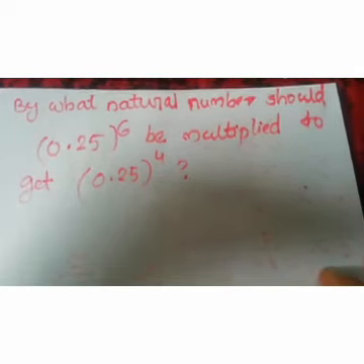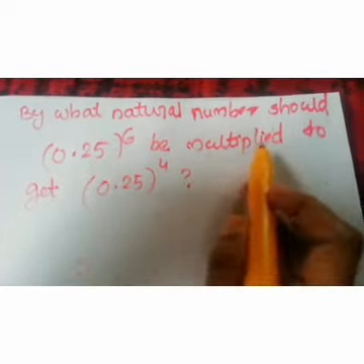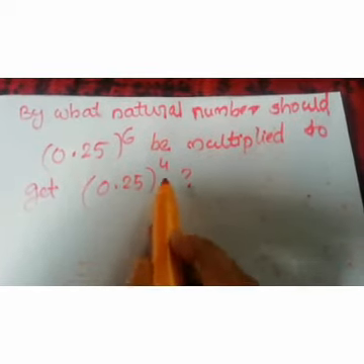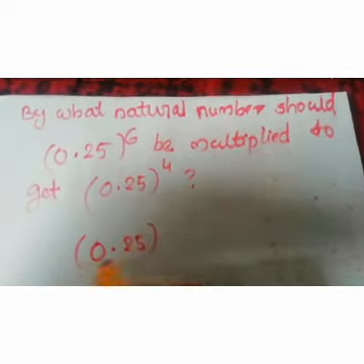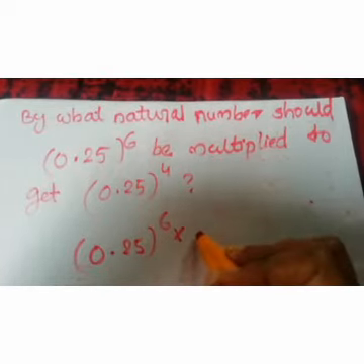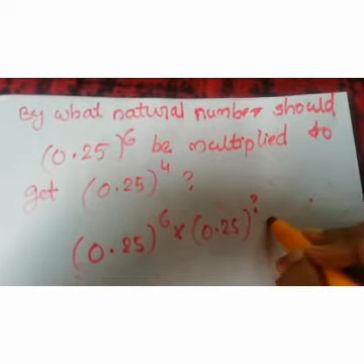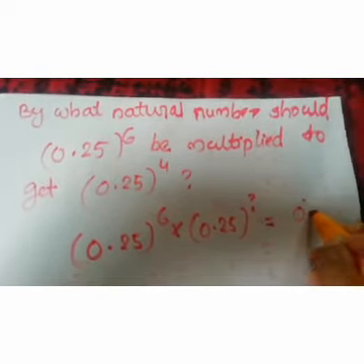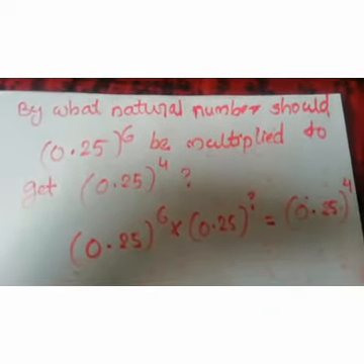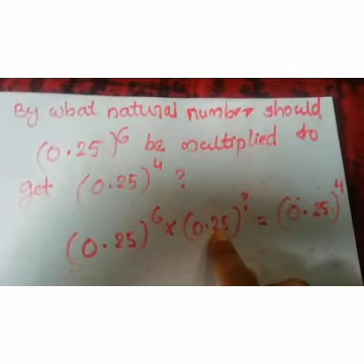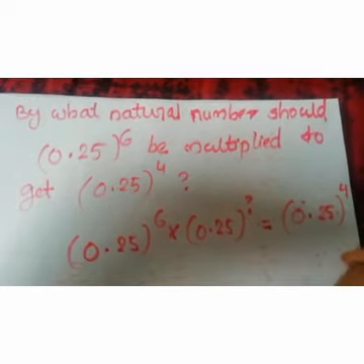Next question, by what natural number should 0.25 raised to 6 be multiplied to get 0.25 all raised to 4? Here a number with a power is multiplied with the same number with another power in order to get the result 0.25 all raised to 4. In our multiplication method, we know that if the base is the same, then 6 plus the unknown number should be 4.